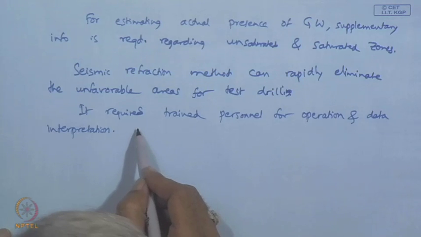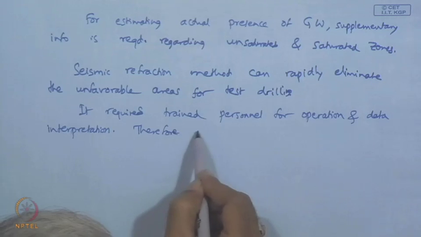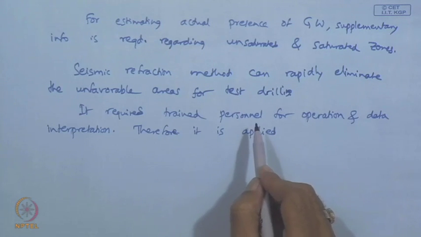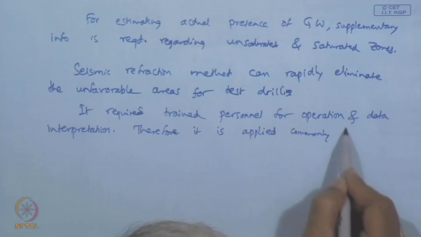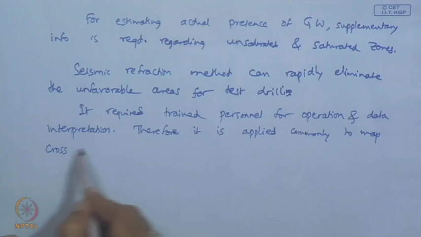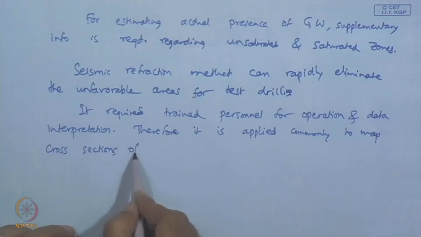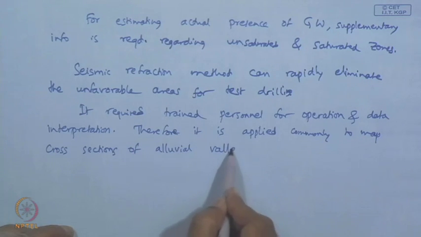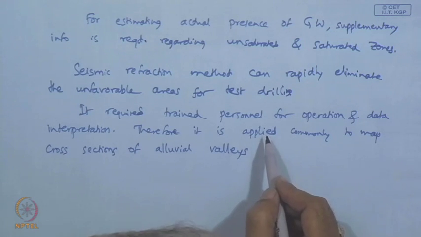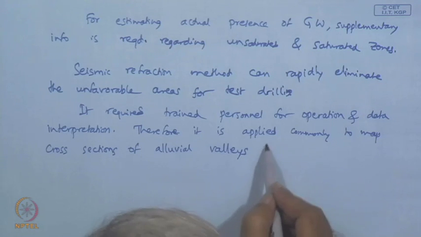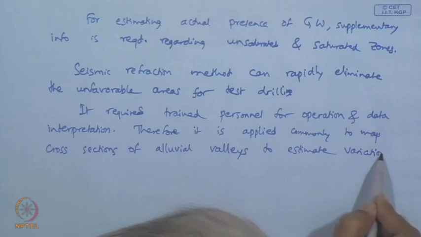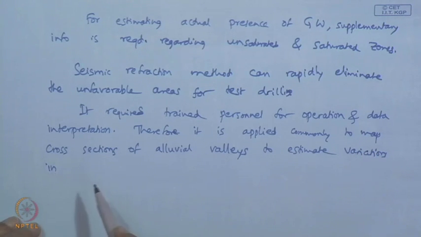Therefore, it is applied commonly to map cross sections of alluvial valleys and to estimate variations in unconfined aquifer thicknesses.